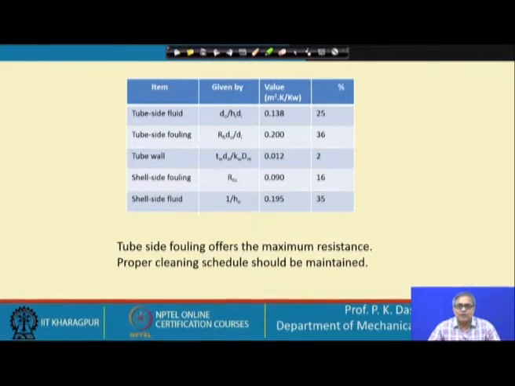One scheme could be chemical cleaning, and another scheme which is also very widely used is that people circulate metallic balls of suitable size through these tubes, and due to this circulation, these metallic balls help in dislodging the fouling layer, and then it has to be cleaned. So, this is one aspect of it.